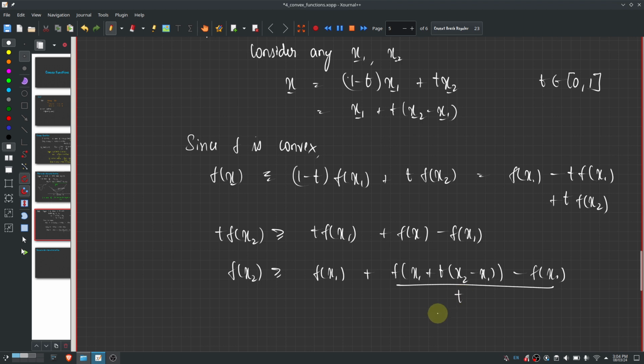This is what I get just by using the definition of convexity and simple algebra.